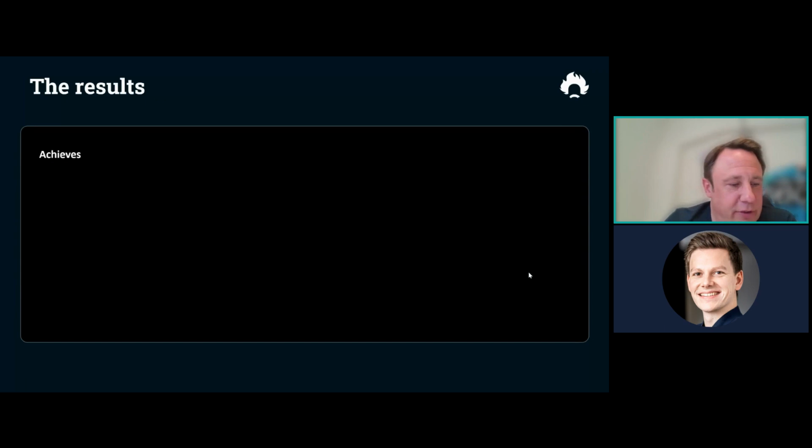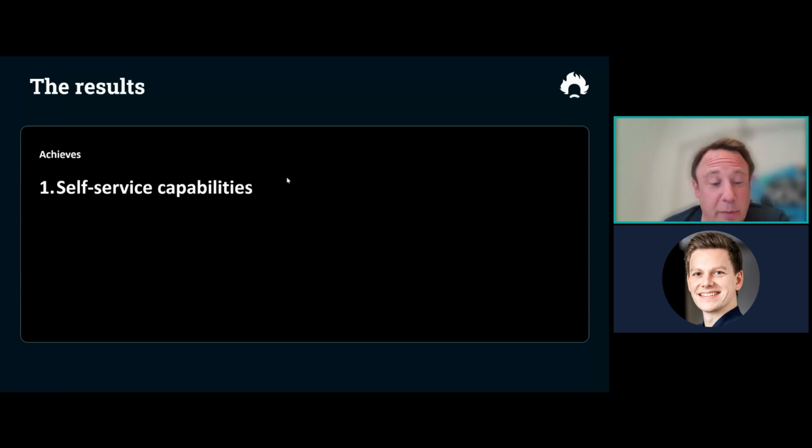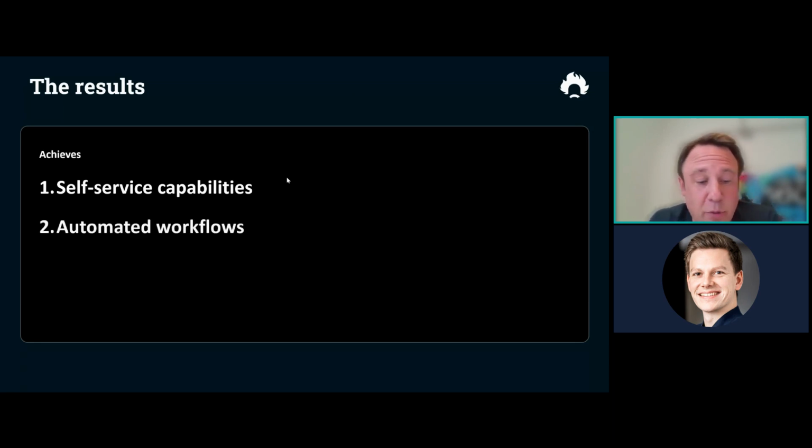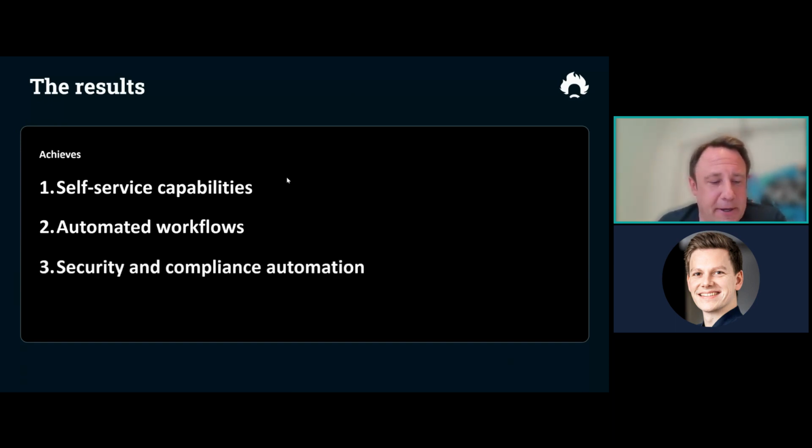So what do we achieve with an internal development platform? Self-service capabilities for resource provisioning that provide more autonomy, automated workflows through automation that reduces manual intervention, security and compliance automation, security checks, container vulnerability checks, compliance validations.